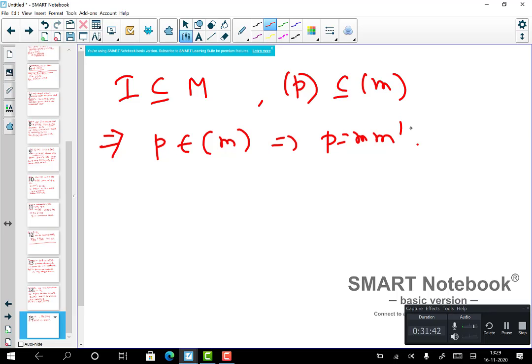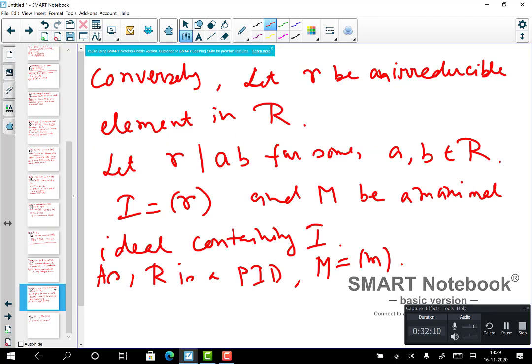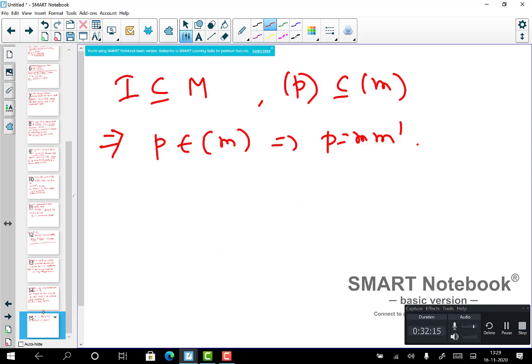Now if r can be written as m into m dash, then what happens? Then either, okay, so one more thing. See, this element r is a prime element, right? So that tells you that this is a prime ideal. This is also an important observation. So that, or yeah, no, this is not P, this is r actually.